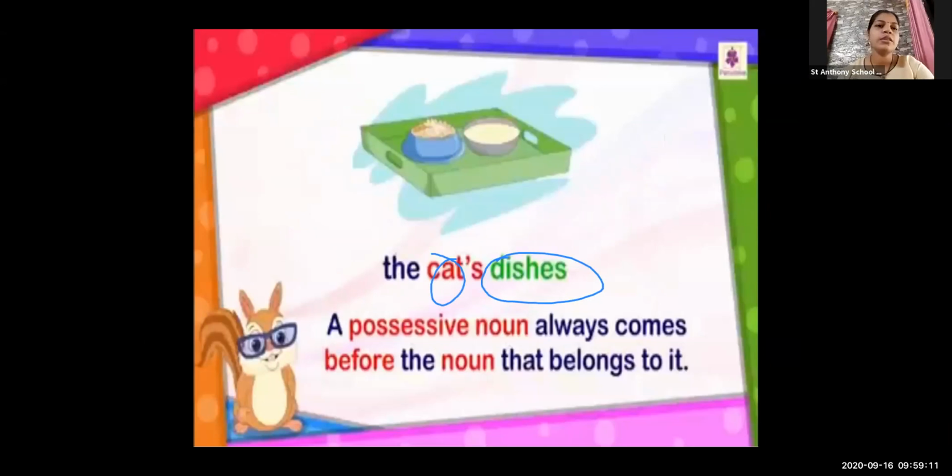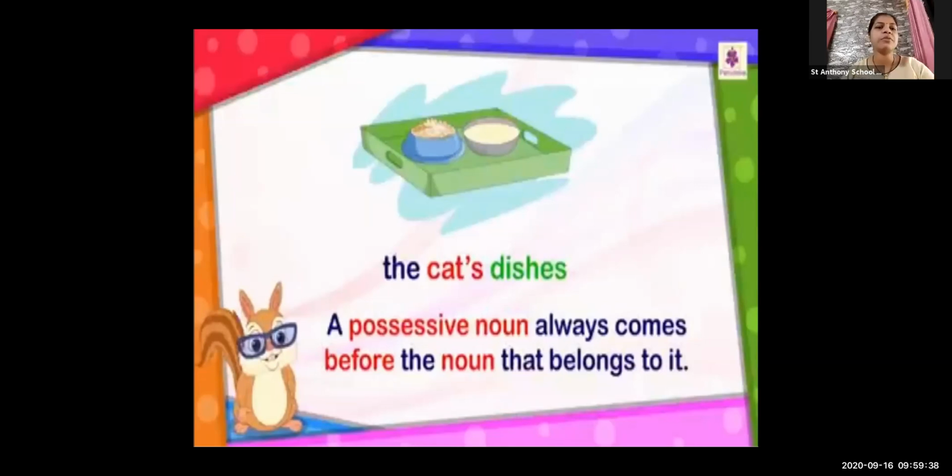So in this, when we put the apostrophe here, that is a possessive noun. Why? Because it's showing the ownership. To whom does the dish belong? The dish belongs to the cat. So that's why the cat itself is a possessive noun. So, a cat's dish.